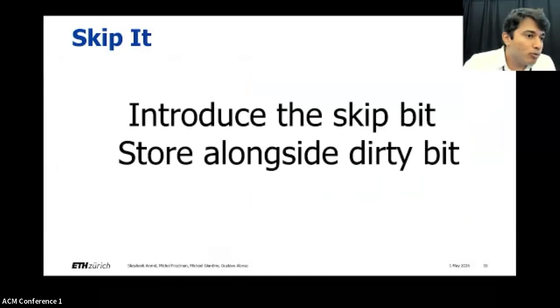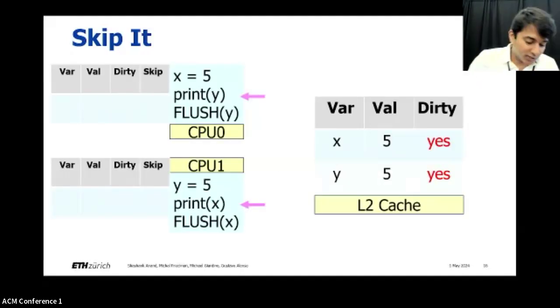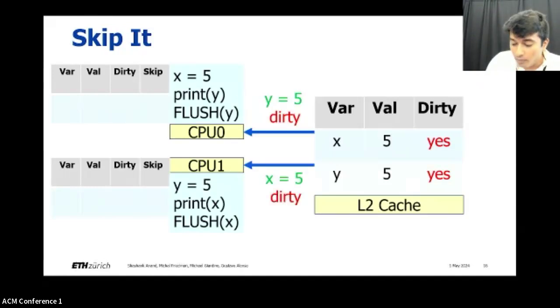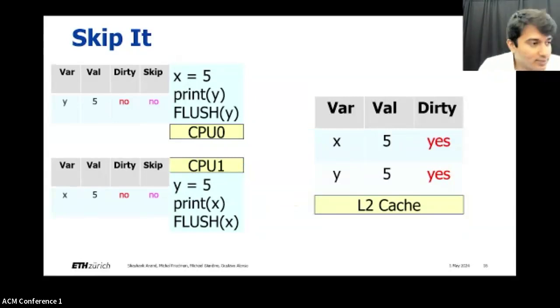We introduce a new bit called the skip bit, and we store it alongside the dirty bit of the L1 cache, for each cache line in the L1 cache. So now when each cache line requests a line from the higher level cache, the higher level cache responds with the status of its own dirty bit. So now, as we see, the skip bit is set in response to the dirty bit of the higher level cache.